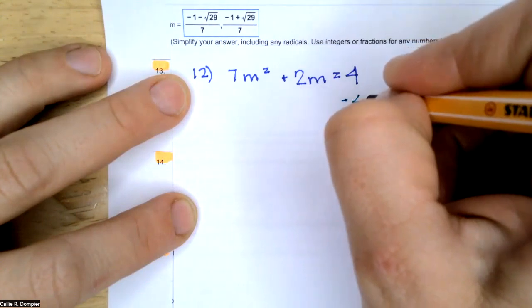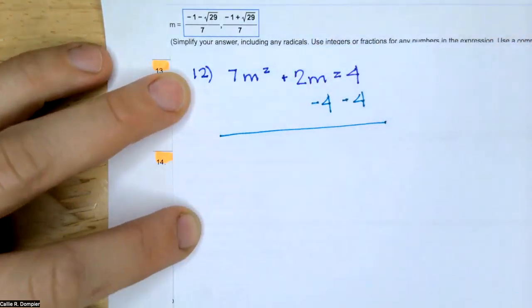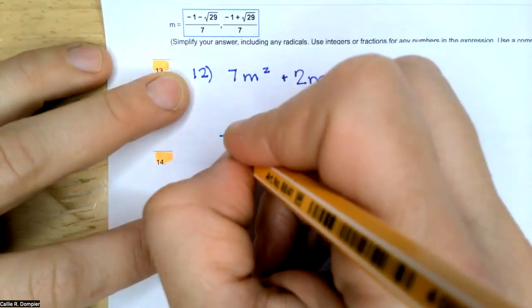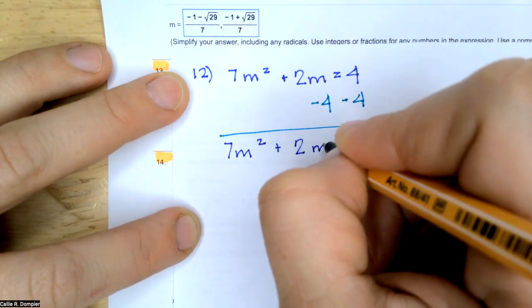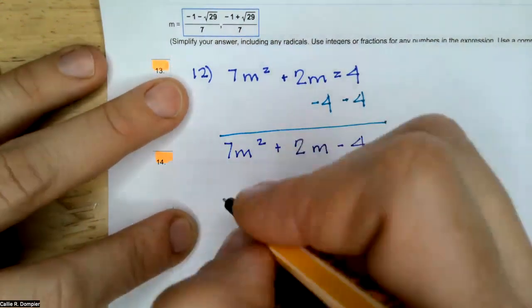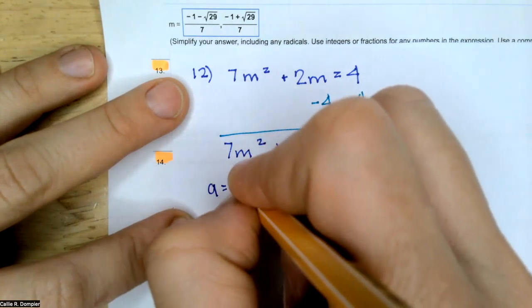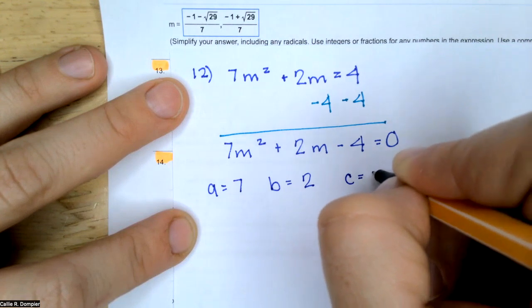I need to subtract the 4. Good. So now I have 7m squared plus 2m minus 4 is 0. Now I can find my A is 7, B is positive 2, C is negative 4.